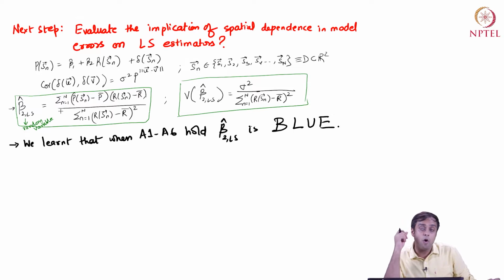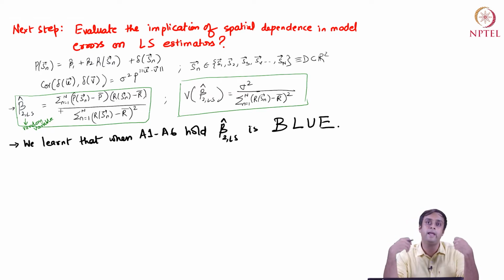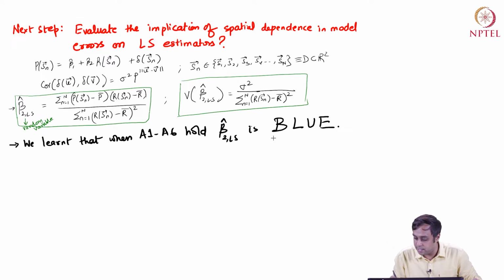What we also know from our previous lecture, lecture 16, is that under the classical assumptions, a least squares estimator is BLUE. When I say it's BLUE, I basically want to say that it's the best linear unbiased estimator.